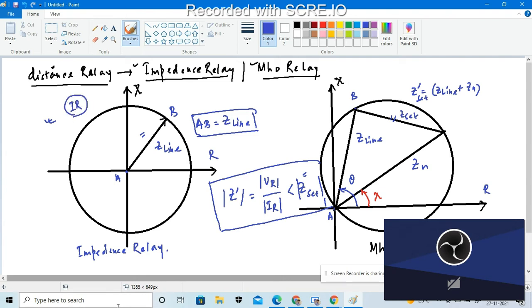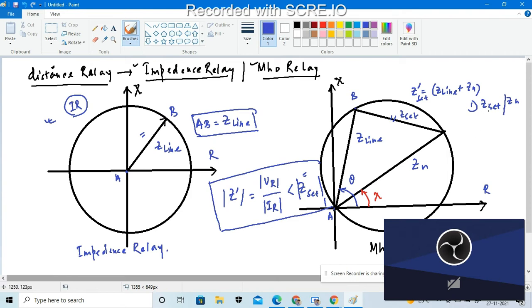design parameter, okay. But if I choose the Mho relay, there must be some finite values which will be considered by Z set. The Mho relay has two design parameters. One is Z set, and the other is Zn.